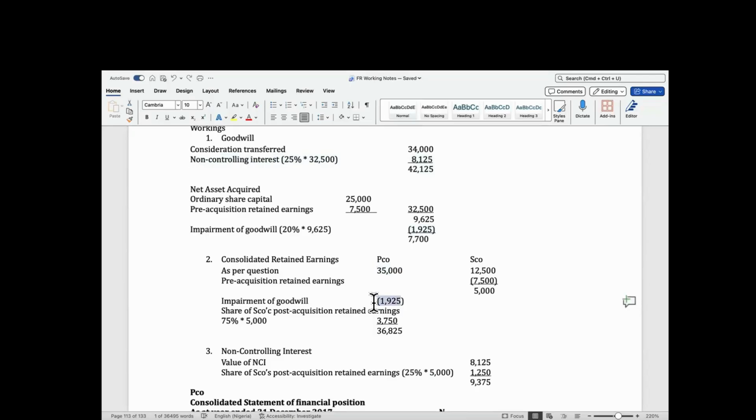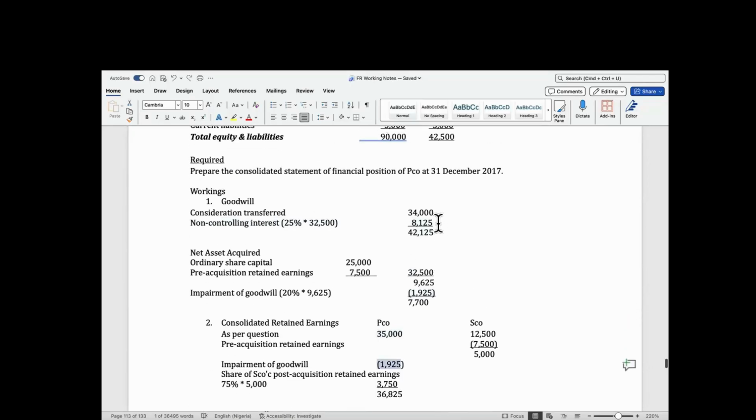However, if NCI is measured at fair value, NCI will have a share in the goodwill as well. They have asked it before that you should calculate the NCI share in goodwill. You see, when NCI is measured at proportionate share, it's like in and out.